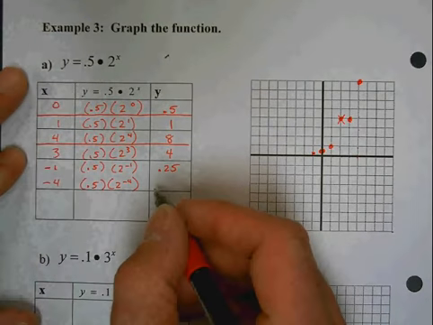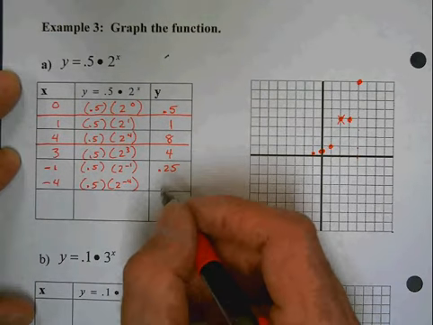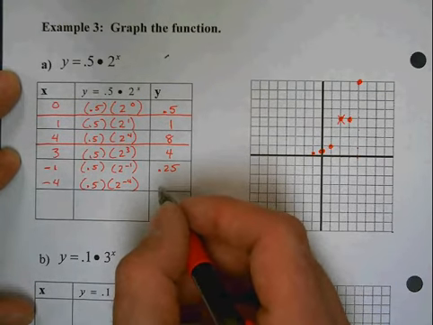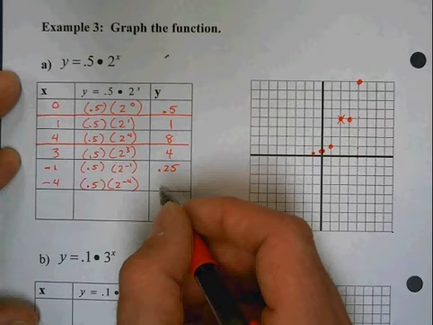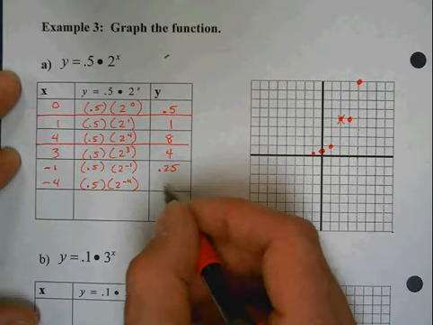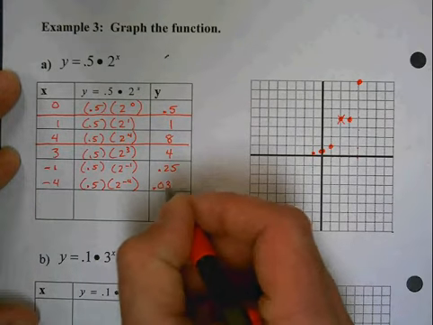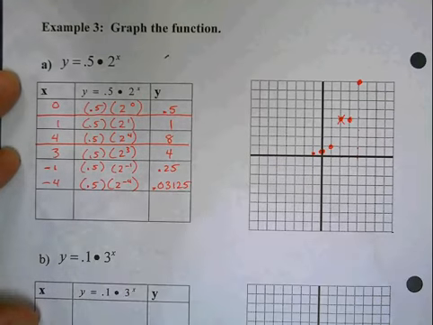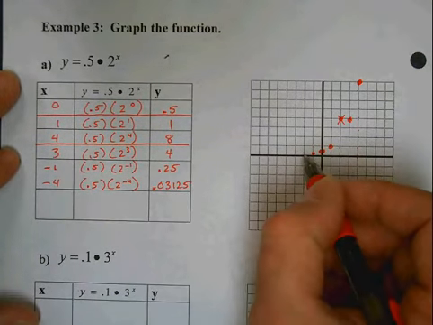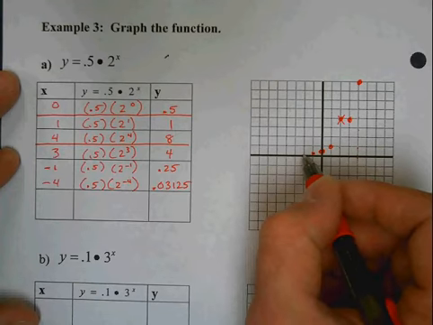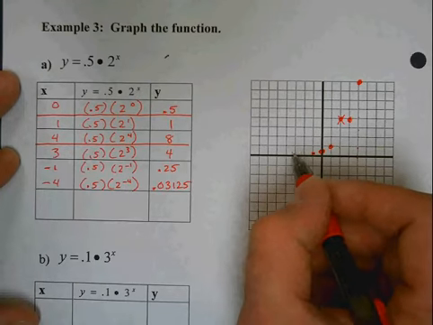What do we get, guys? 0.03125. So I've got a graph. Is that going to touch this line? That's 2, 3, 4. But it's going to be really close.